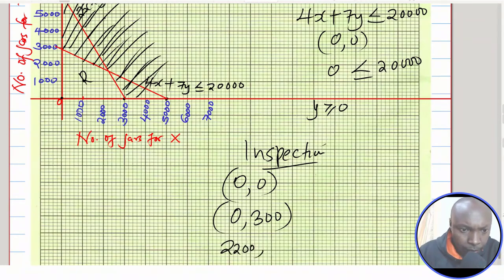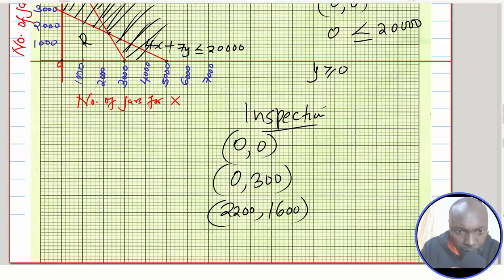And then going up, we have 1,200, 1,400, 1,600. This is where the two lines, 4x plus 7y less than or equal to 20,000, and the other line are meeting. That point is 2,200 and 1,600. Then the other point is 3,000, 0.